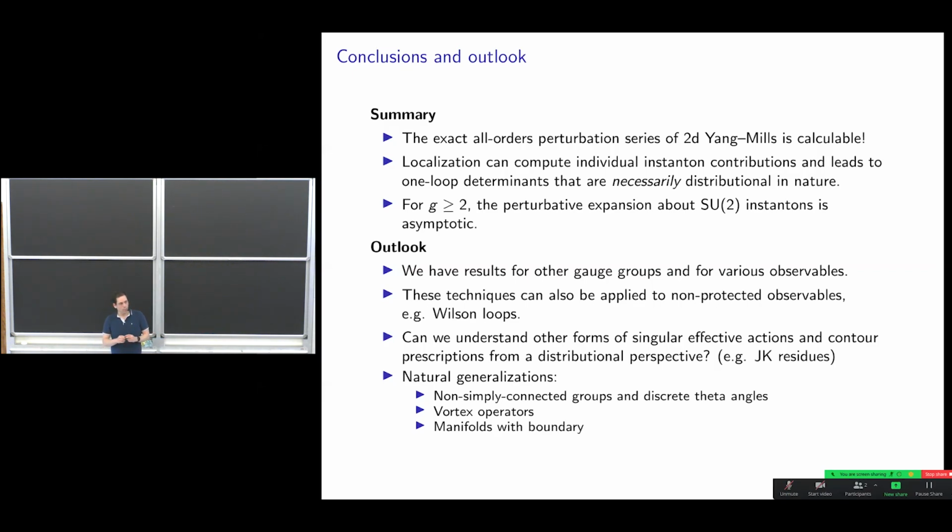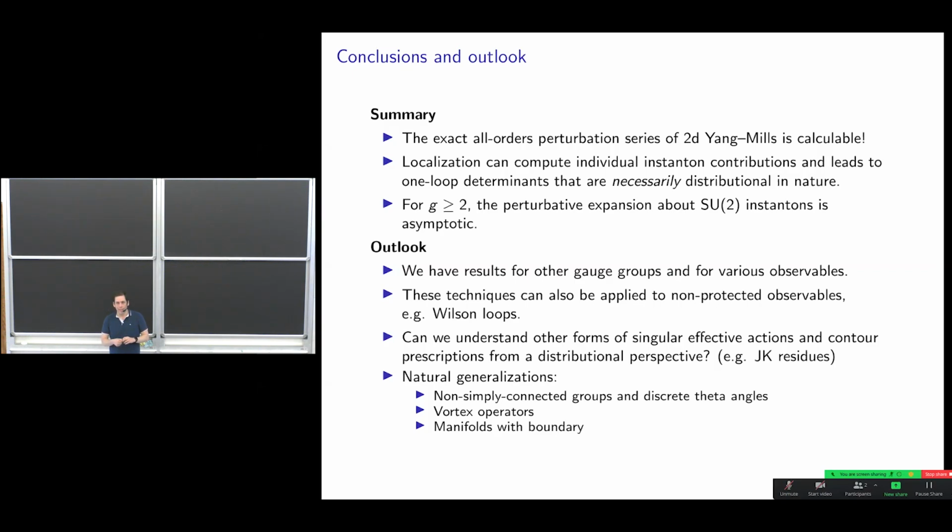In fact, I was mentioning that the work of Benini and Zaffaroni connects with this, but only up to a certain point because they have a different integration contour for the complex scalar. So yes, in this formulation, the degrees of freedom are real, but other formulations can use a different integration contour, and it would be interesting to try to match this different prescription and reality condition on your fields.